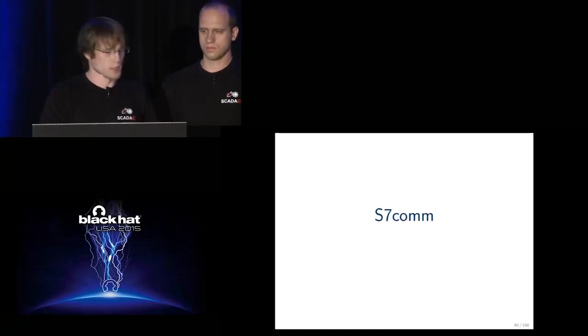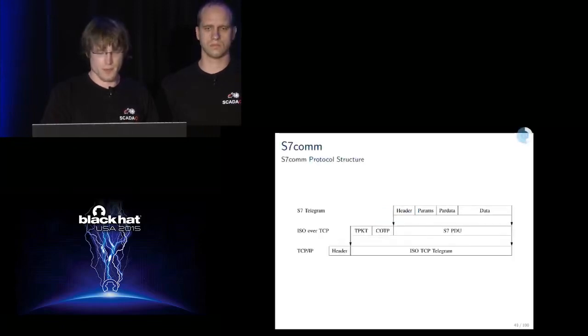So how do we get these binary blocks onto a PLC? Siemens has a proprietary protocol, S7comm, which is used to manage the PLC and also to upload program blocks. S7comm is an RPC protocol. Its telegrams are wrapped into the ISO over TCP protocol.